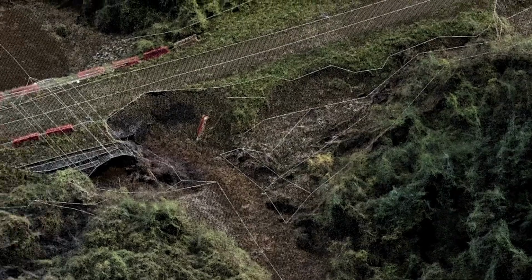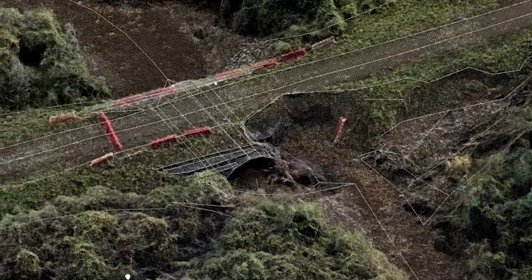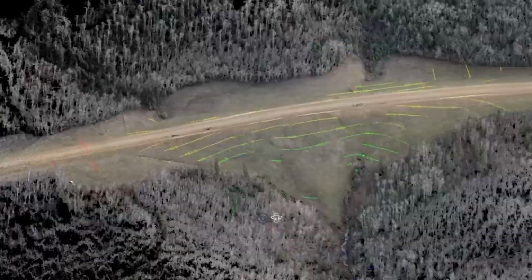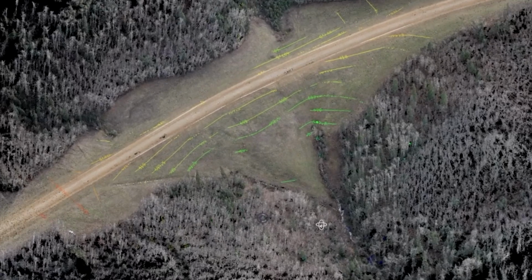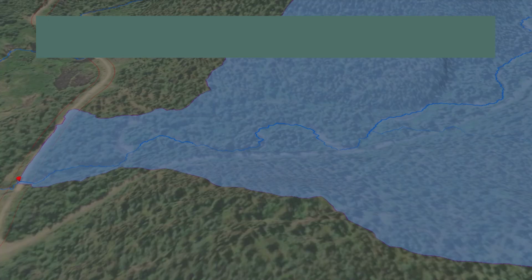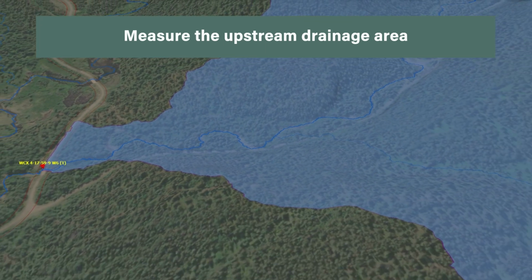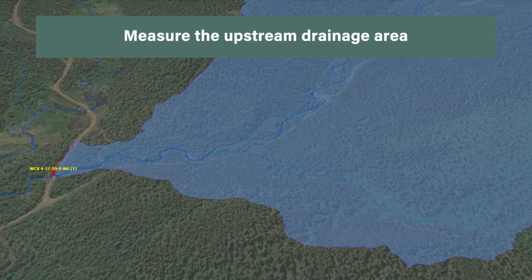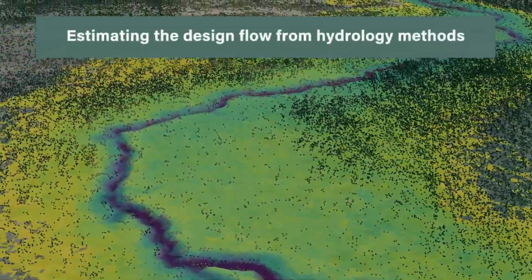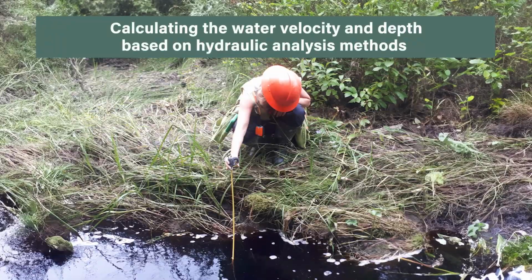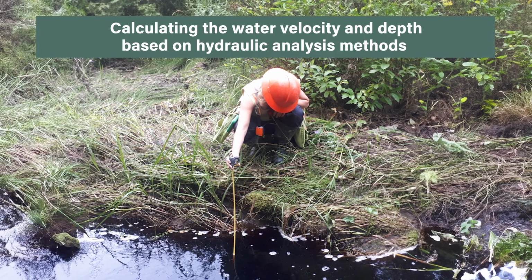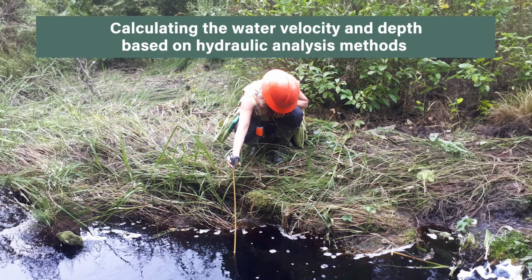The hydraulic design determines the recommended size of the watercourse crossing structure and the configuration or layout. The hydraulic design process includes choosing a location and configuration for the watercourse crossing, measuring the upstream drainage area from available topographic mapping or surveys, estimating the design flow from the hydrology methods, and calculating the water velocity or speed and depth based on hydraulic analysis methods for a selected structure size.